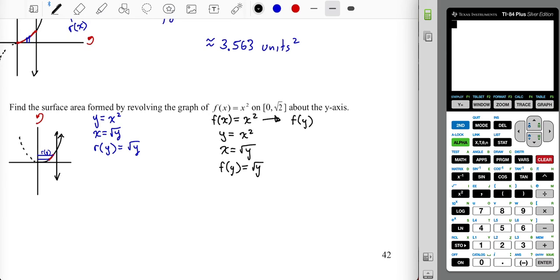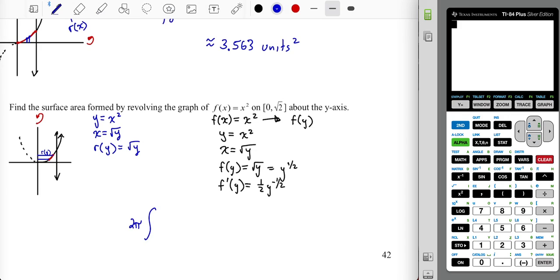So, all stuff we talked about already, but I wanted to make it all official, like y to the 1/2 is what the square root of y is, making f prime of y equal to 1/2 y to the negative 1/2. So we have all the ingredients. Now it's just a matter of integrating.